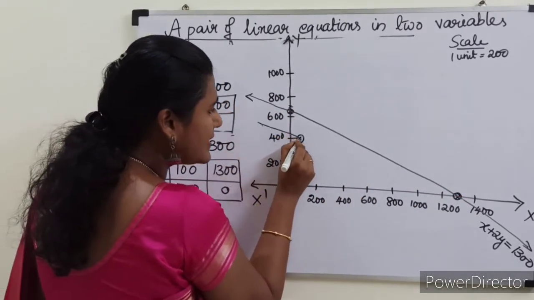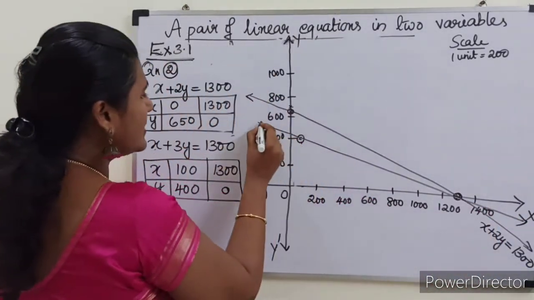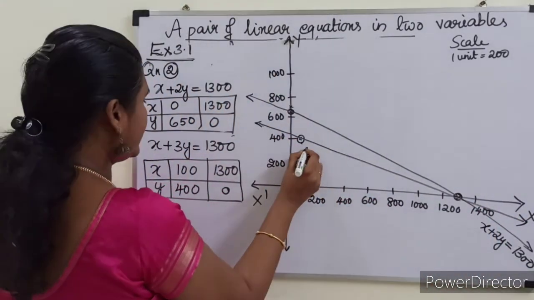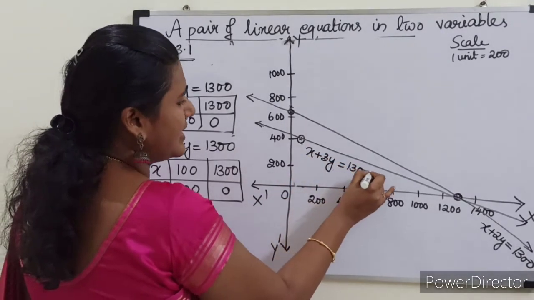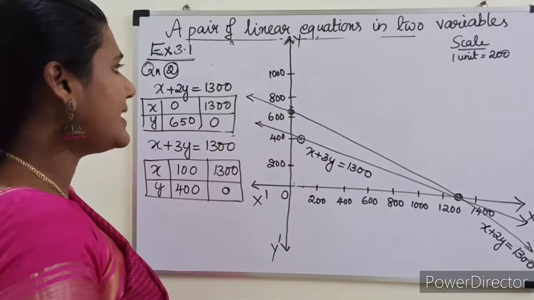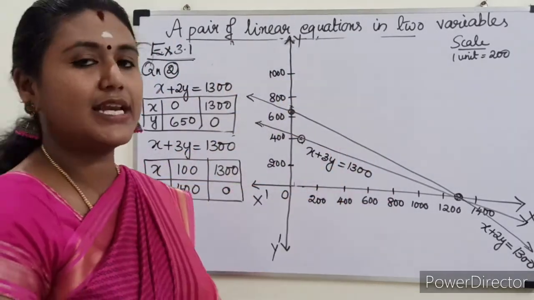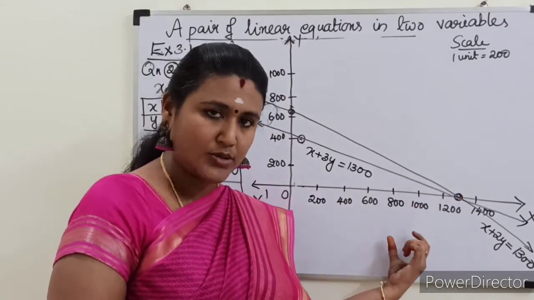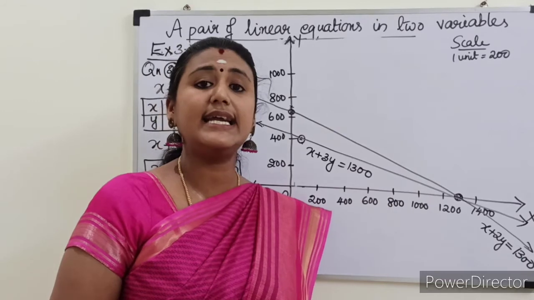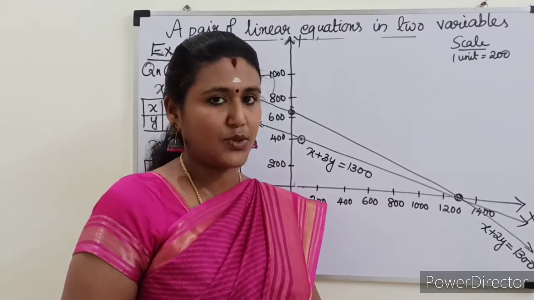Now we will join these two points. So this represents the second equation, x plus 3y is equal to 1300. So we have represented the given situation algebraically and the graphical representation also we have done. In this question also we got the lines as intersecting lines. Now we will move on to the third question.